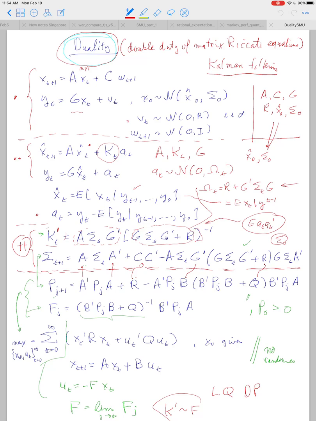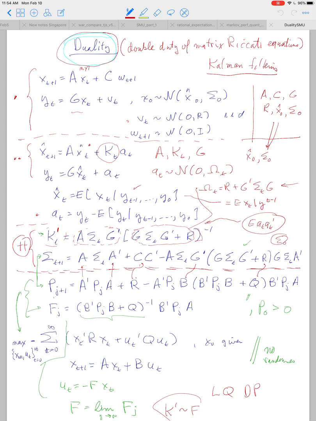Okay, well, this is going to be a brief discussion of a key concept called duality about matrix Riccati equations, both the algebraic matrix Riccati equation and the matrix Riccati difference equation.